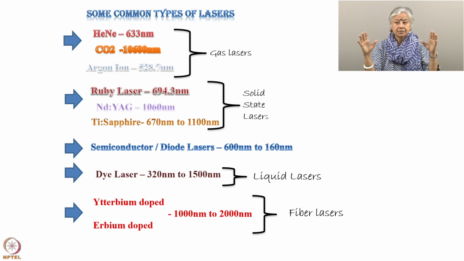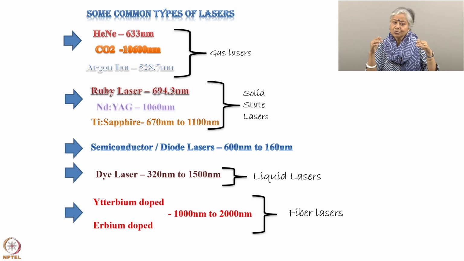The first laser that was built was the ruby laser, which is a red light, 694.3 nanometer, to be exact. It is a solid state laser. This ruby laser was built by a scientist called Theodore Maiman, and he is the one who coined the term laser.